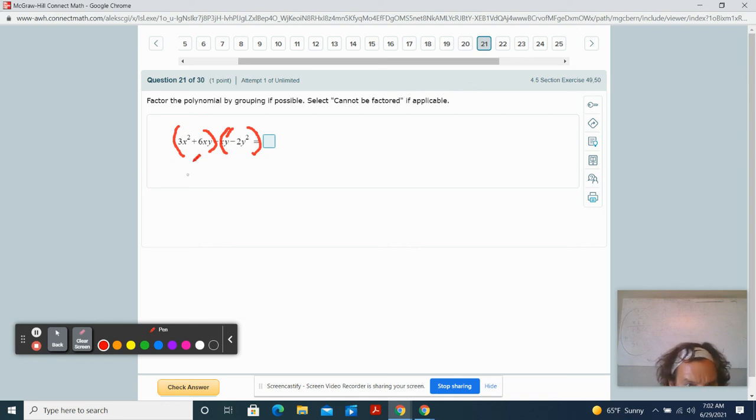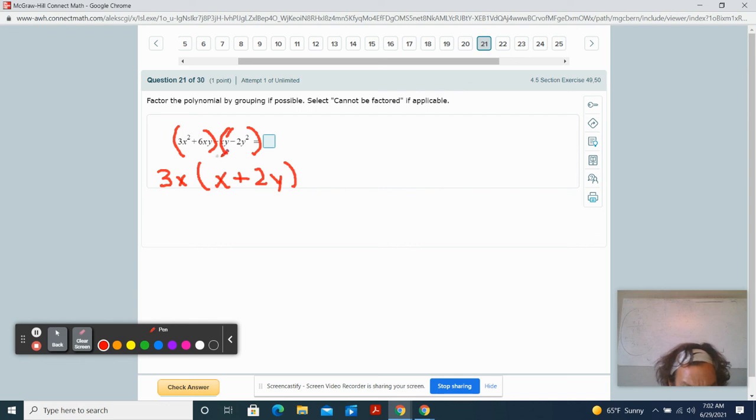Okay, so I'm going to take out the common factor here, a 3, and let's see, it's x squared, and then there's 6xy, so that's going to be 3x. 3x is common, and we're left with an x plus a 2 and a y.